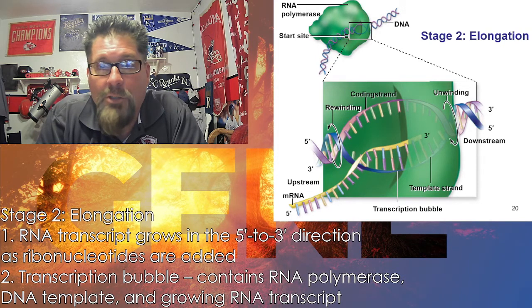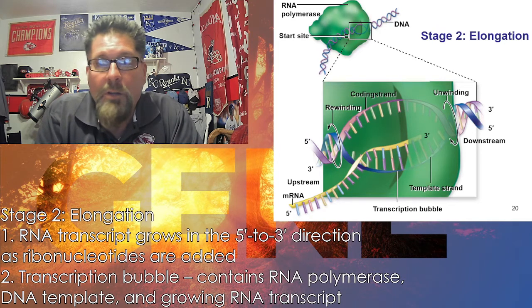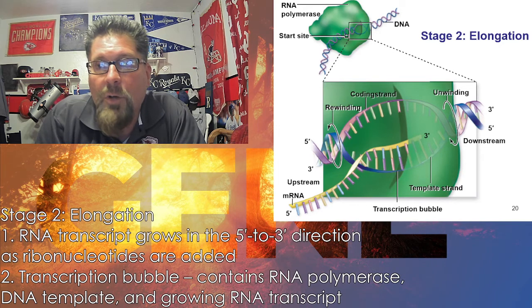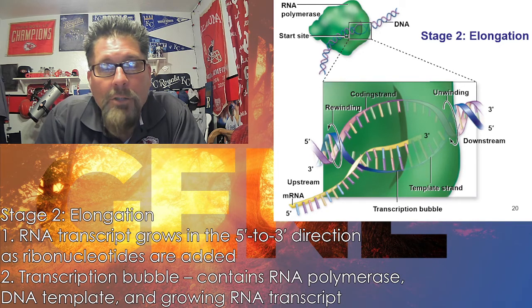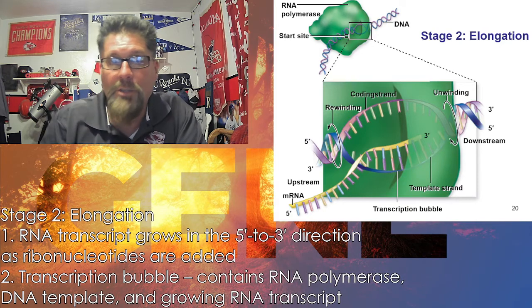You've got that transcription bubble again, just like in eukaryotic cells. Polymerase is doing the job, the DNA template, and the RNA strand that's being grown. So you can see a lot of similarities between the two. Maybe the worker bee is not always the same, but the same process is going on.